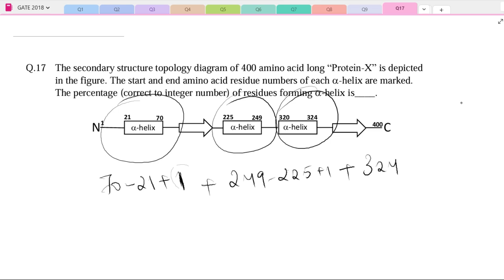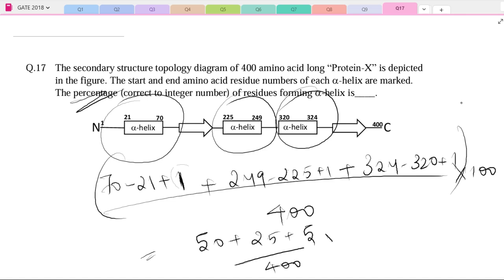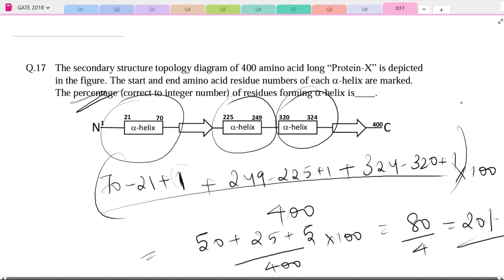Plus 324 minus 320 plus 1, the whole divided by 400, because this is a 400 amino acid long protein, into 100, because they have asked it in percentage. So if you do this, you will have 50 plus 25 plus 5 divided by 400 into 100. That will give you 80 by 4, which is going to be 20. So the correct answer here is 20%.